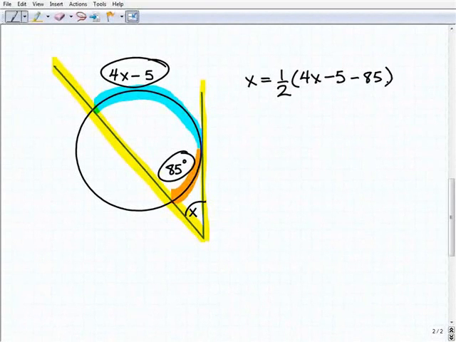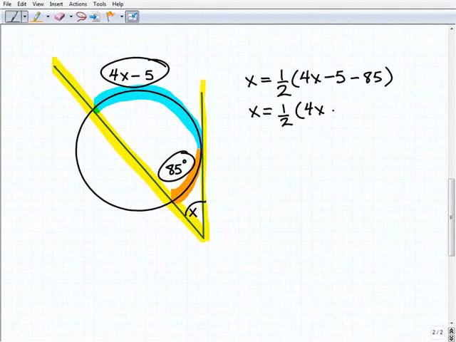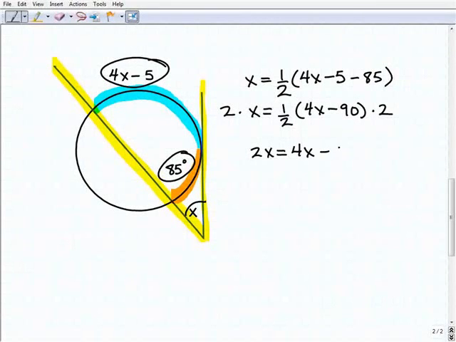Now let's go ahead and solve for x. So x is equal to 1/2 times 4x minus 90. I'm going to multiply both sides of the equation by 2, just to get rid of that fraction. So now I get 2x is equal to 4x minus 90.